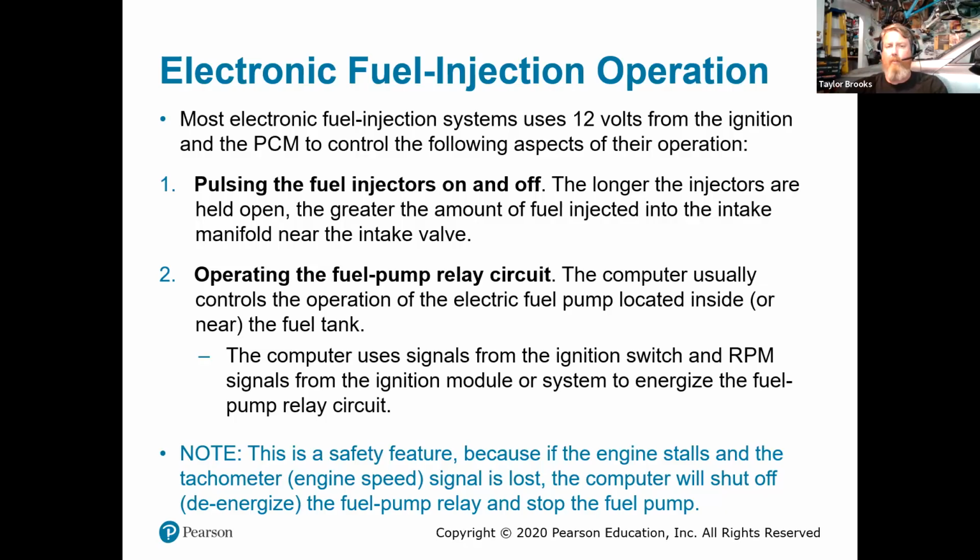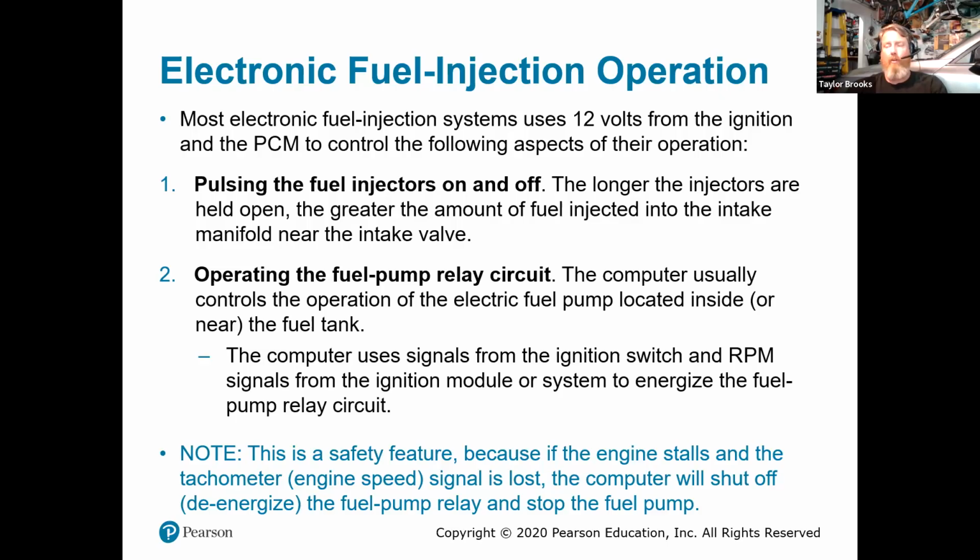But ultimately, when it comes down to how the system is going to operate, the PCM is going to control pulsing, or basically turning the injector on and off, and at which time it's able to do that. PCM will also typically be in control of fuel pump control.